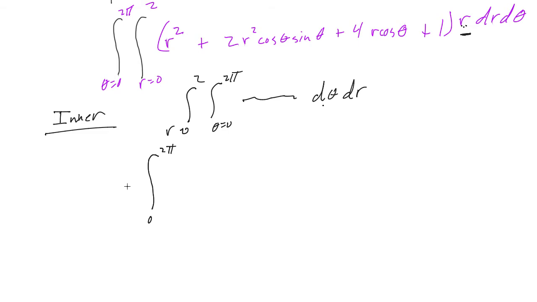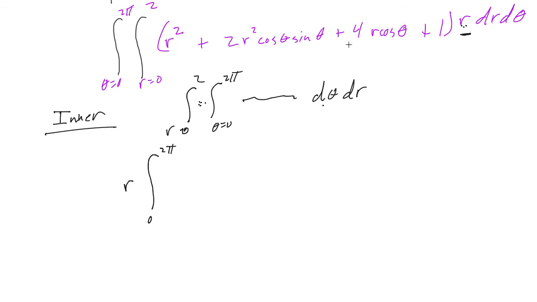So I'm going to bring that r outside, but I'm going to leave it, because when I'm done it's a variable when I do dr. So I'm just going to pull that out and forget about it for now.